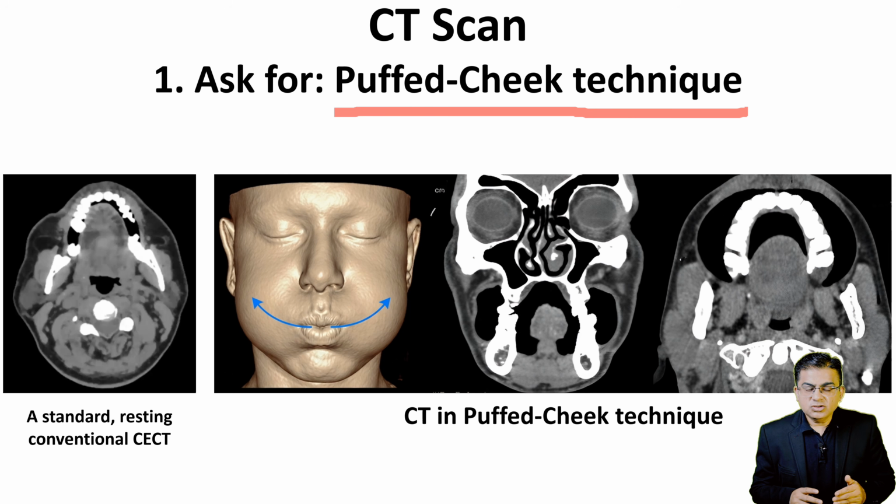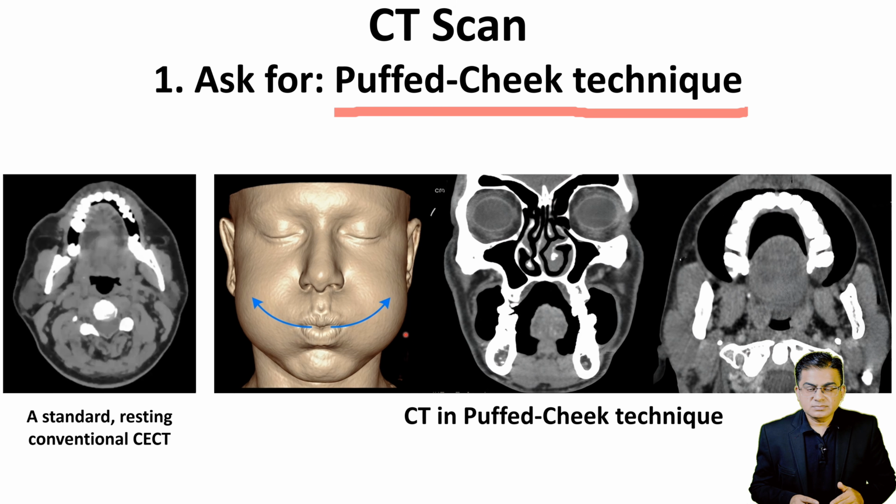If there is a small tumor from one of these subsites, you cannot pinpoint the exact location. The entire mucosal folds are collapsed in resting state. To tackle this problem, we need to do CT in puffed cheek technique.